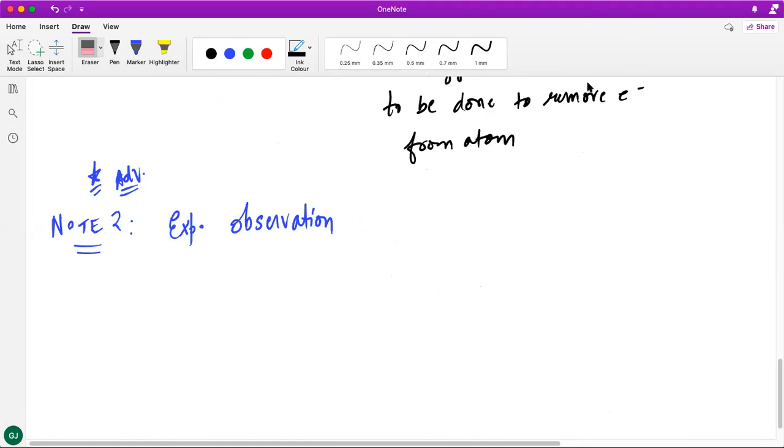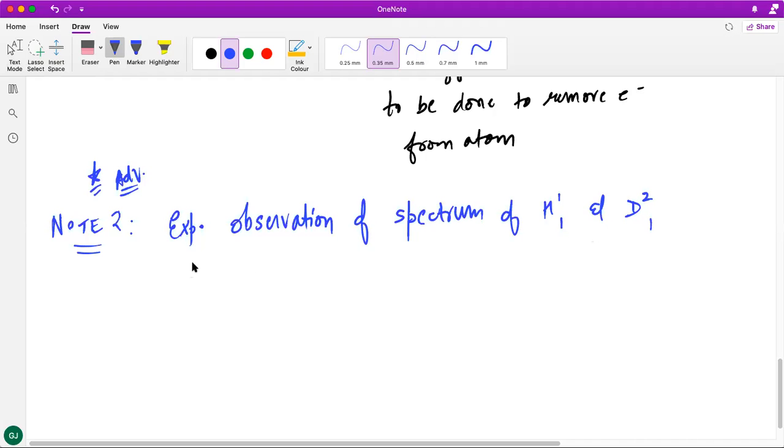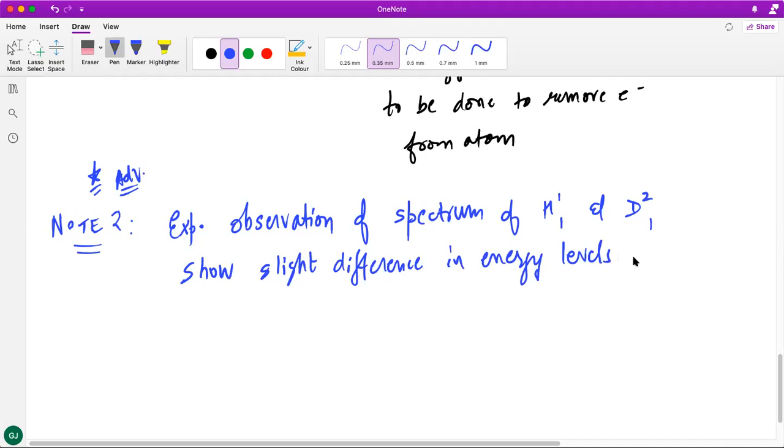Coming back, now notice the point that I was saying: experimental observation of spectrum of hydrogen and deuterium show slight difference in energy levels of electron around nucleus.